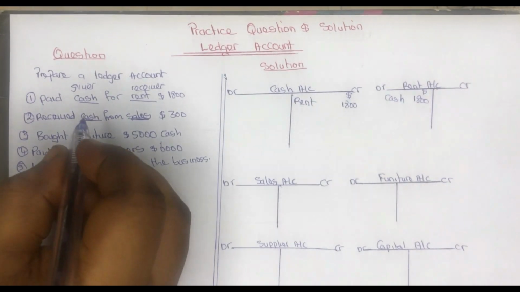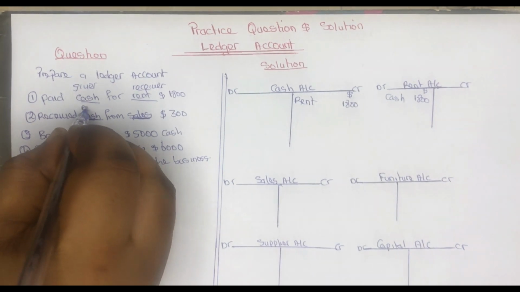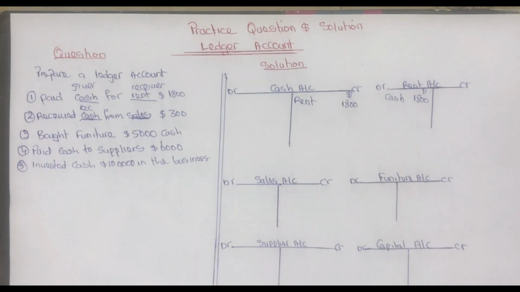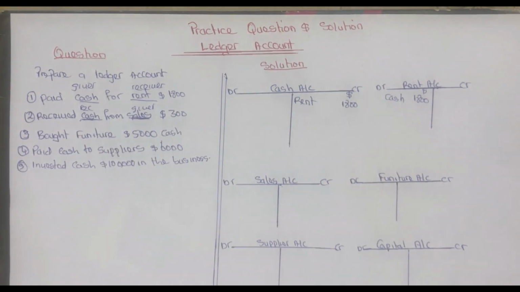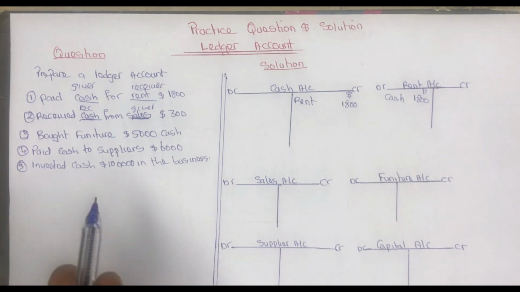So the cash account is the receiver and the sales account is the giver. So if we are receiving cash, remember, debit the receiver. We are receiving from who?